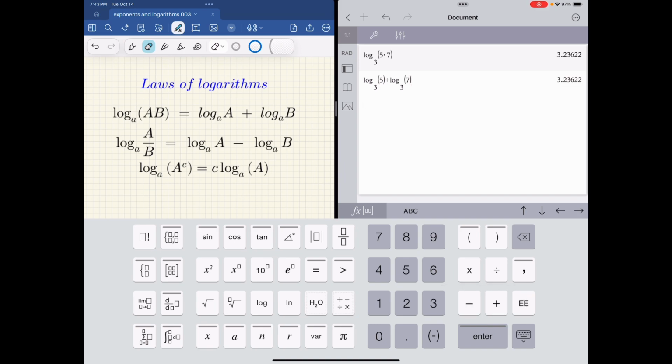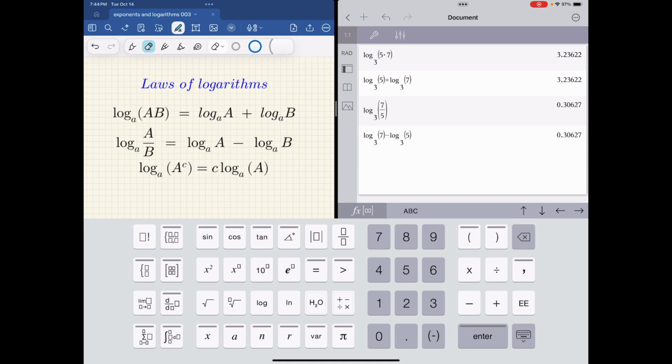Now, let's look at log base 3 of 7 divided by 5. Again, an approximation, 0.30627. Now, let's look at log base 3 of 7 minus log base 3 of 5. Again, an approximation answer, the same, 0.30627.